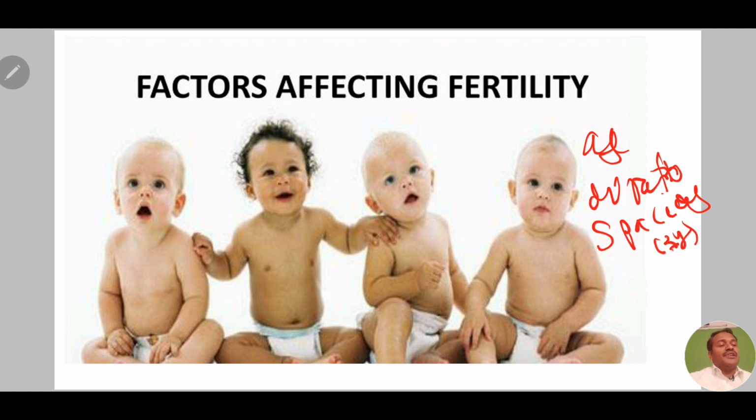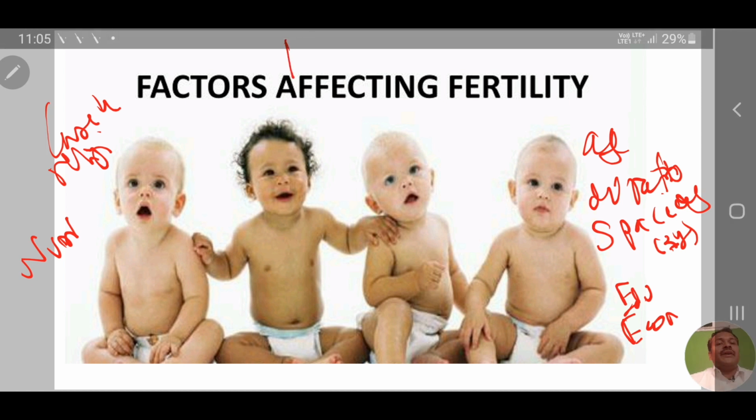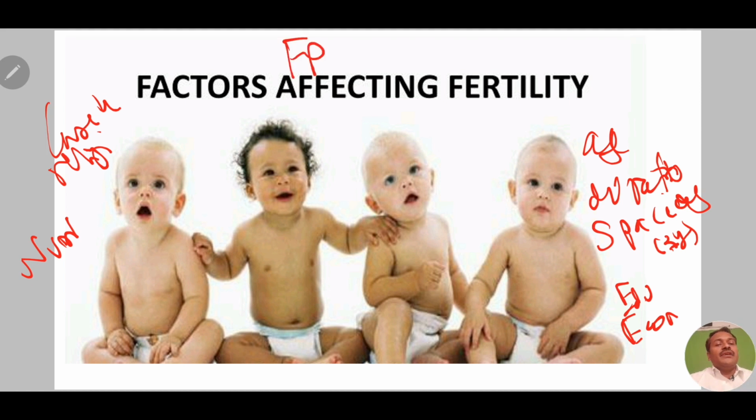So that determines fertility. The education level of the mother will determine fertility. The economic status of the mother and the family will determine fertility. The caste and the religion determine fertility. Nutrition also will determine the fertility of the family. And then other factors, mainly family planning, will affect fertility.